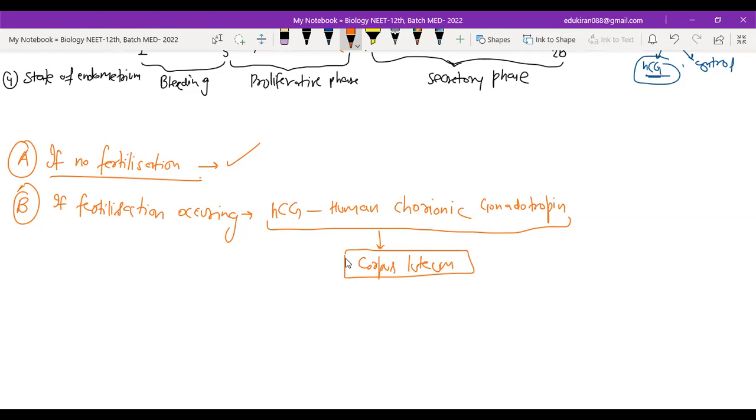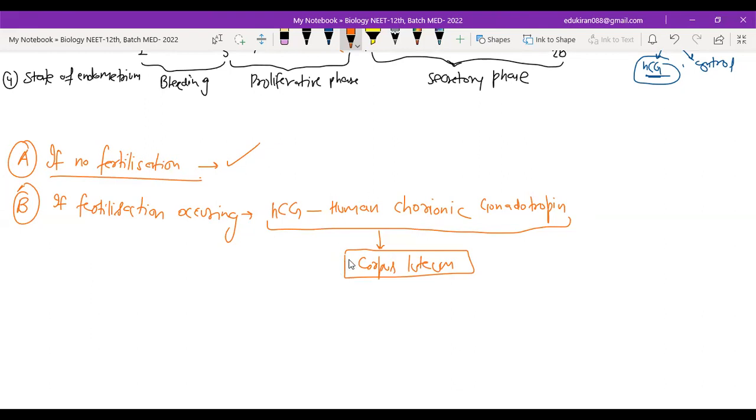breast development, and lactation for the rest of the 9 months, or throughout the gestation period, also you can write.